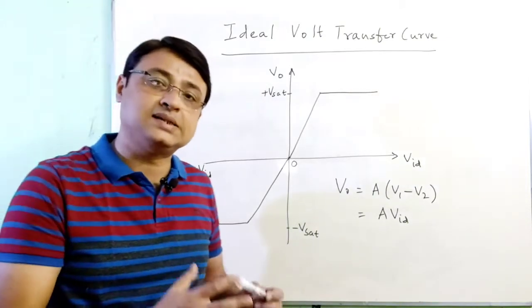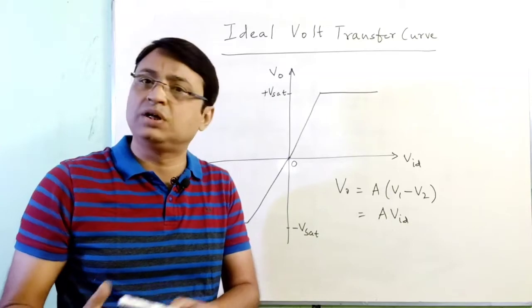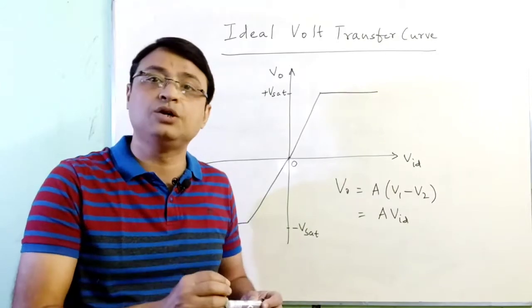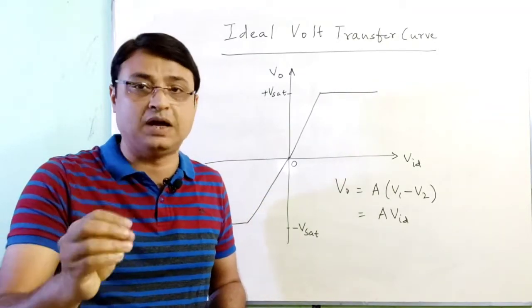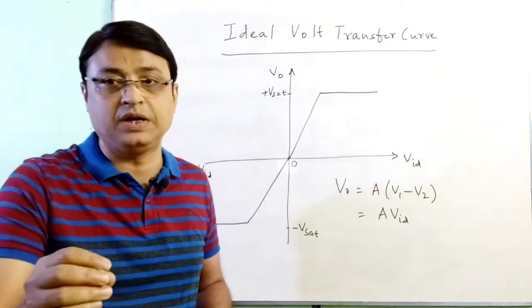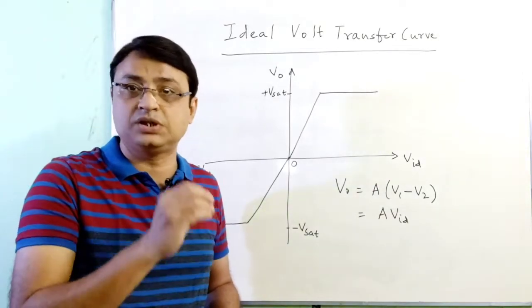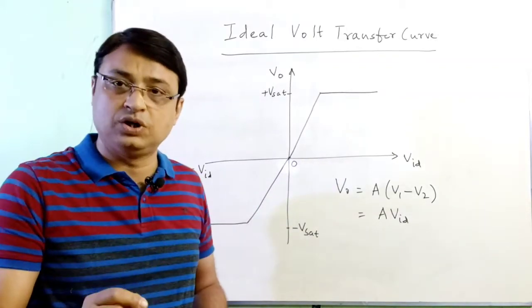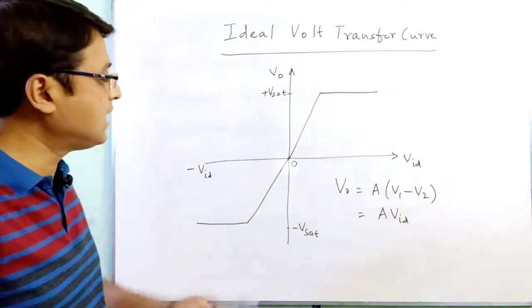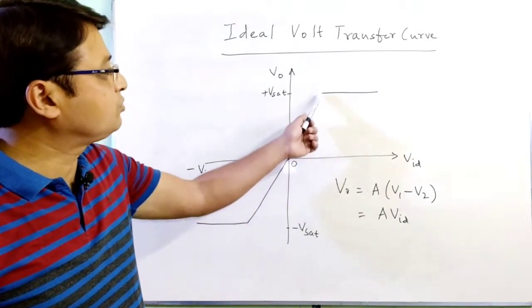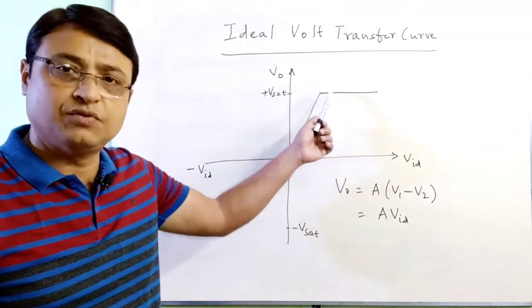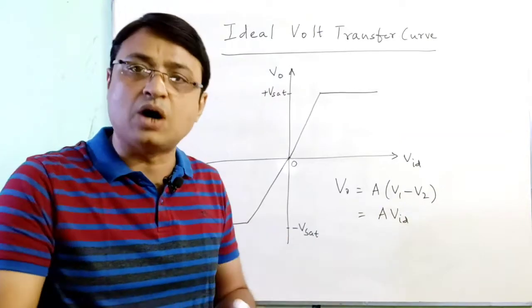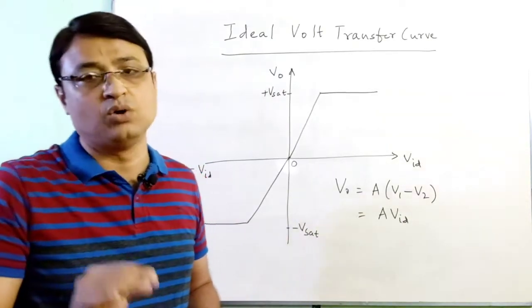But as the positive biasing voltage is plus 12 or maybe a maximum of plus 15 volts, V0 could not cross that maximum value, and that is the positive saturation voltage. So for a slight value of VID, the output will quickly switch over to the positive saturation voltage, and it will remain constant throughout as you increase the value of VID.